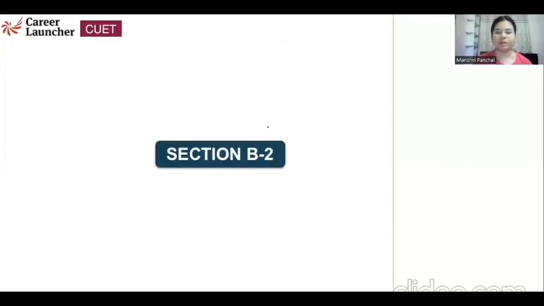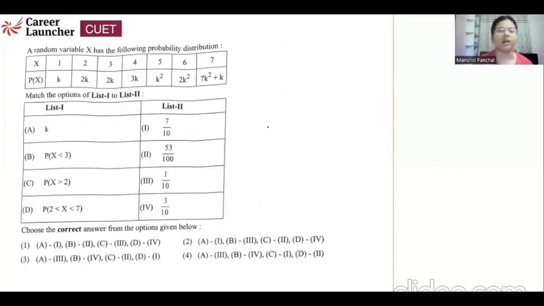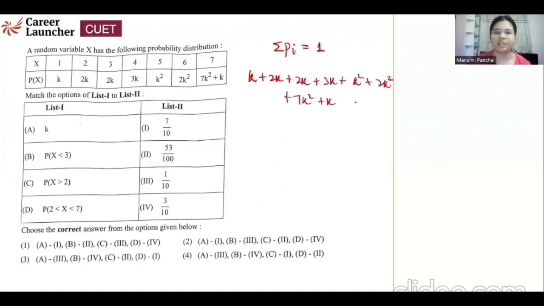So first, we have question number 51. A random variable x has the following probability distribution. Then we have to match list 1 with list 2. First of all, if this is the probability distribution, we know that summation pi equals 1. It means k plus 2k plus 2k plus 3k plus k square plus 2k square plus 7k square plus k is equal to 1.